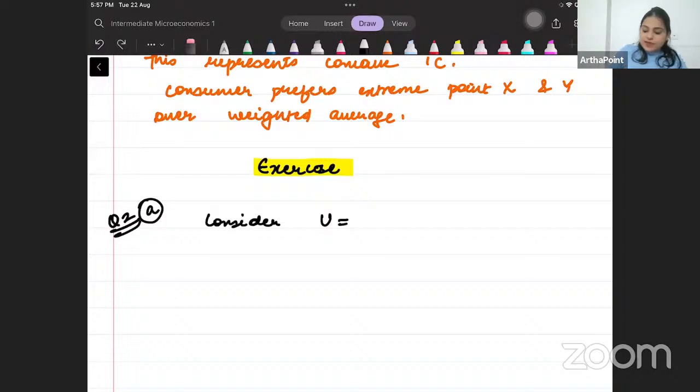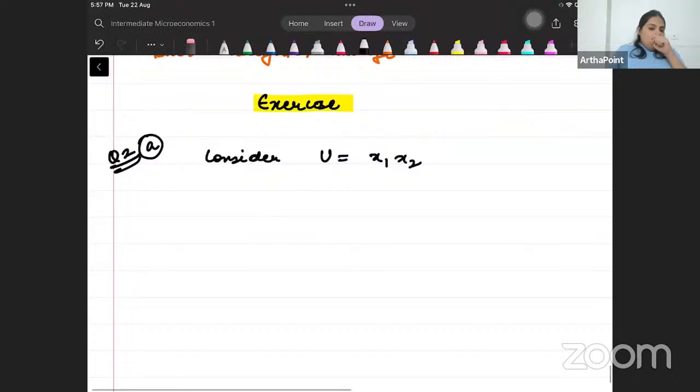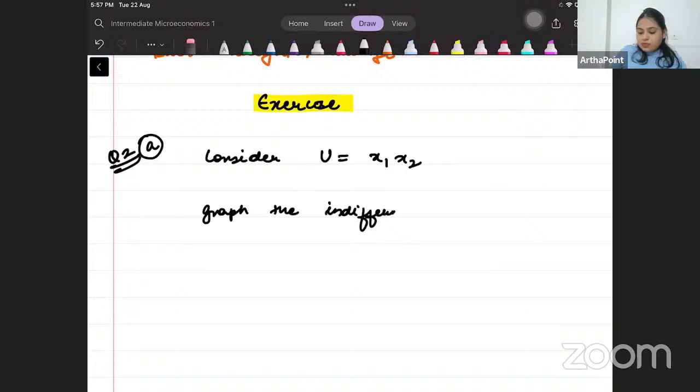You are given the utility function as x1 into x2. And it says, graph the indifference curve for utility levels 1 and 2.